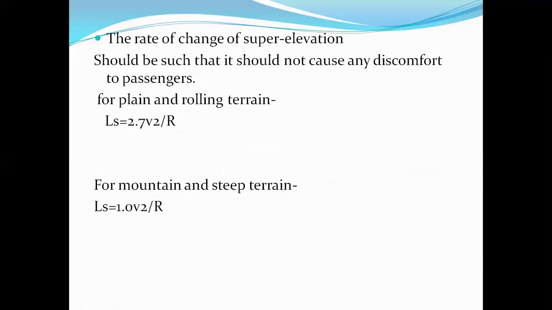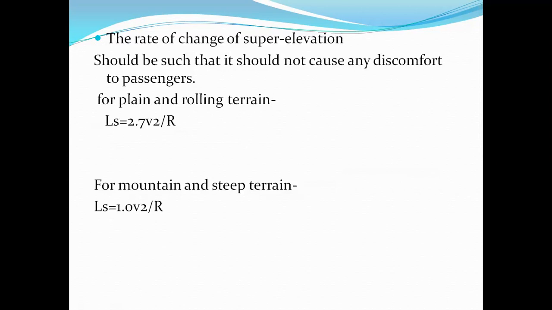Then the second consideration for calculating the length of the transition curve is the rate of change of super elevation. The rate of change of super elevation should be such that it does not cause any discomfort to the passengers.